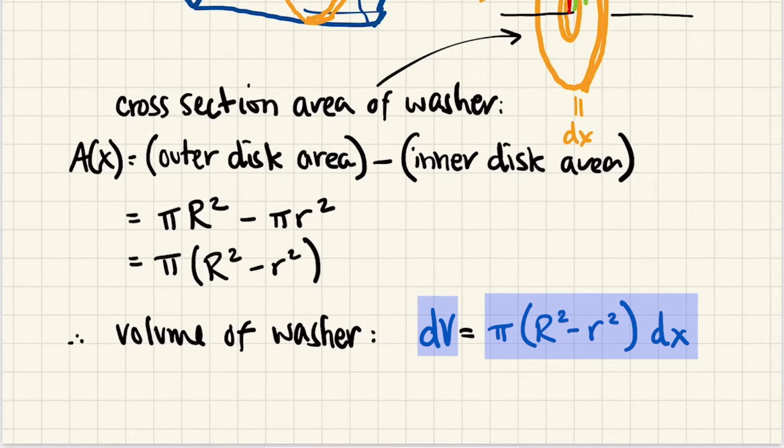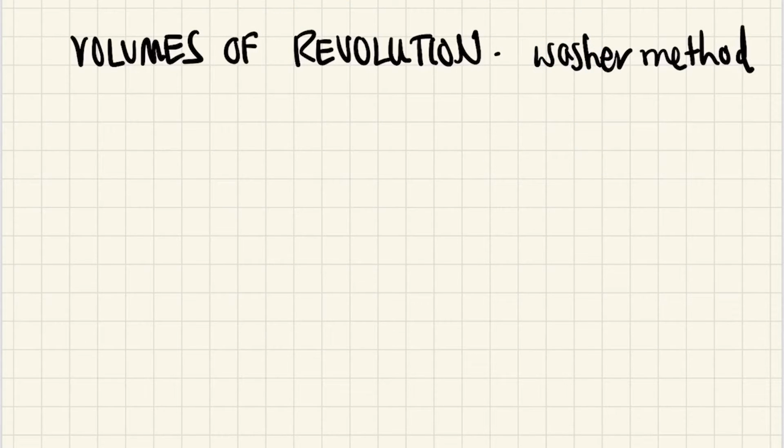And those are the things that we're going to add up in order to find the volume of this type of solid. So that leads us to a slightly more flexible method for finding volumes, which is called the washer method.